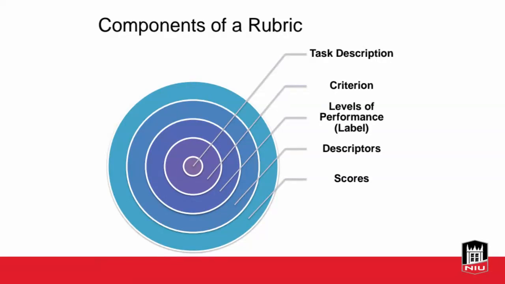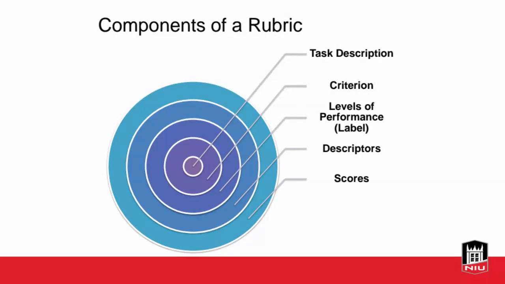Any more than 5, and it gets to be a little bit unruly or difficult to assess and difficult to develop the descriptors which describe those levels. When we get to 6, 7, 8 levels of performance, how do we distinguish between that many levels of performance? So that becomes a little bit difficult.